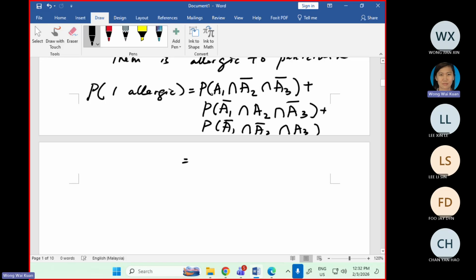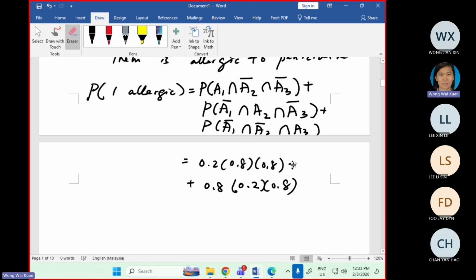So now, what is the first one? Probability for the first scenario. Okay, then the second one is 0.8 times 0.2 times 0.8.